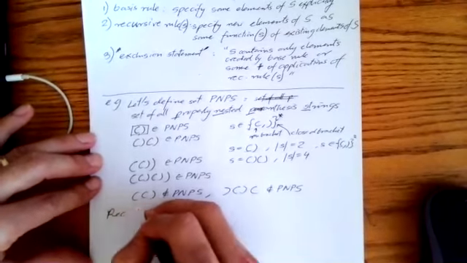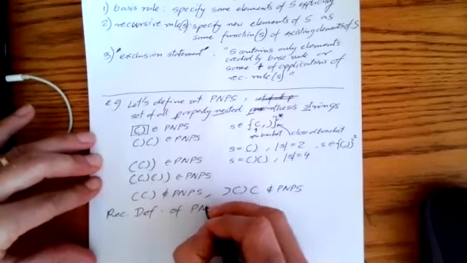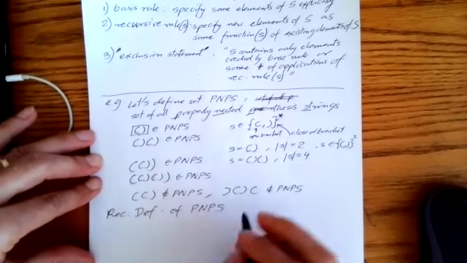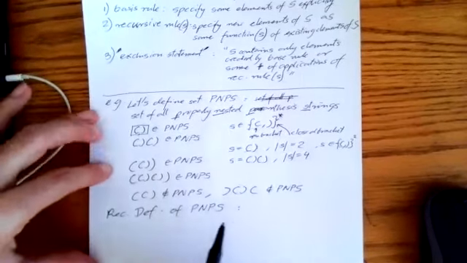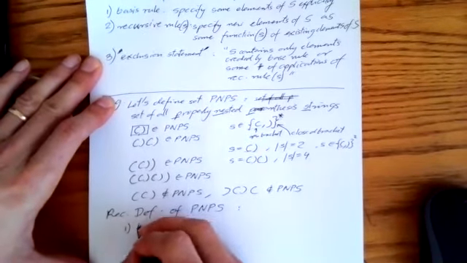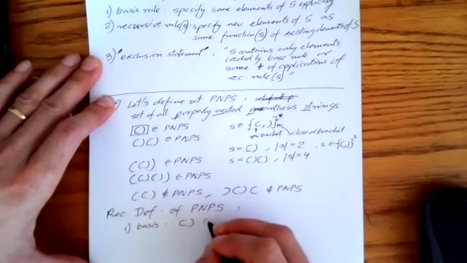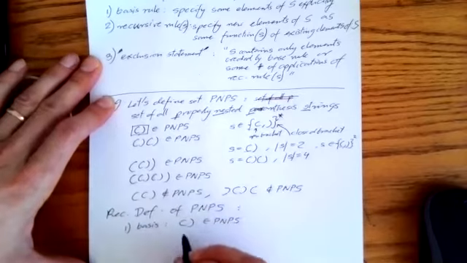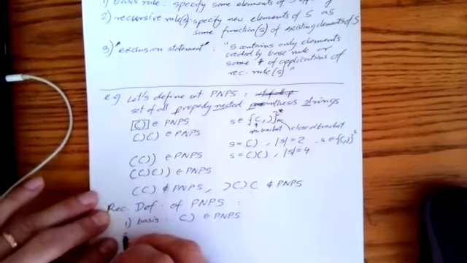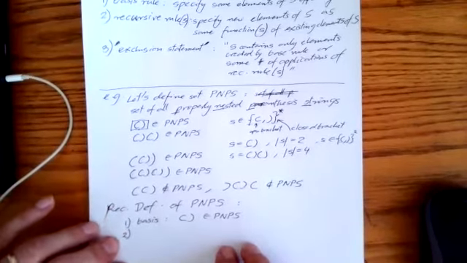So here is the recursive definition of the set of properly nested parentheses strings. Because it's recursive, it will have 2 elements, basis and recursion. In the basis, I'm just going to say that this thing is my atom. In fact, there are many ways you can have this definition, and it will define equivalent objects.